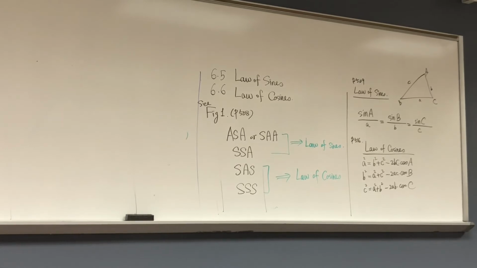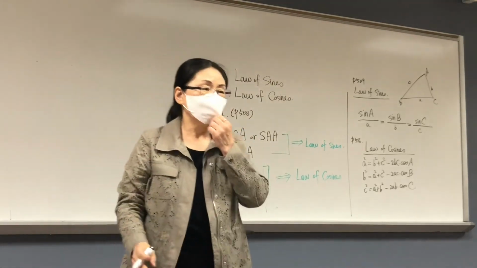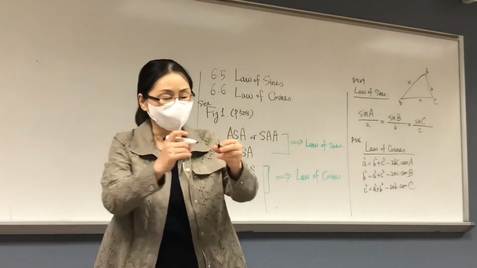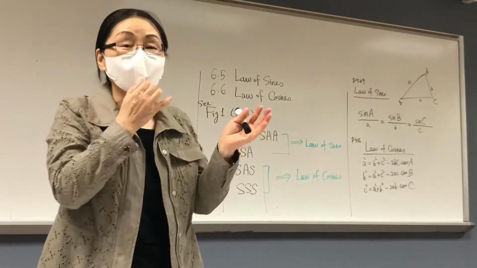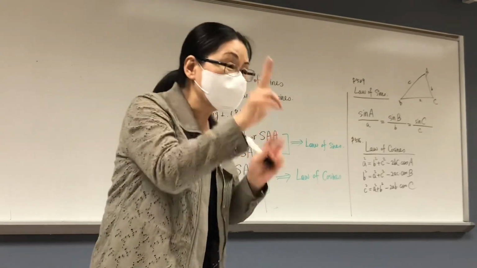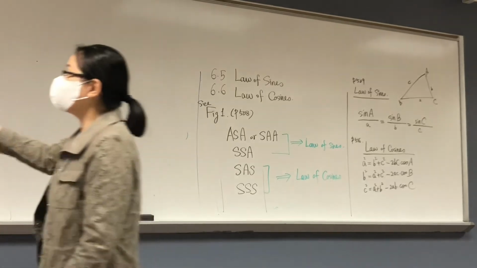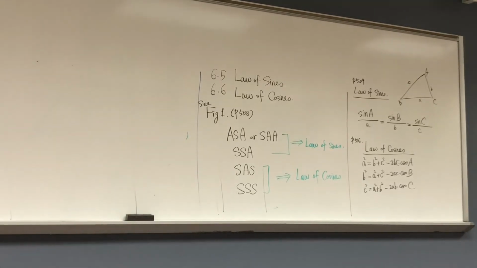A is 20 degrees, and C is 25 degrees. How many angles do you have in a triangle? Three. How many sides? Three. What information do you have?